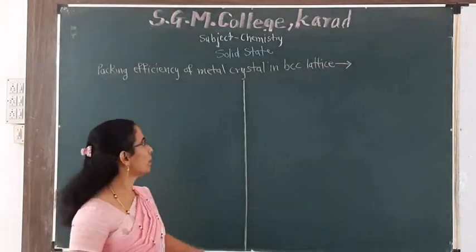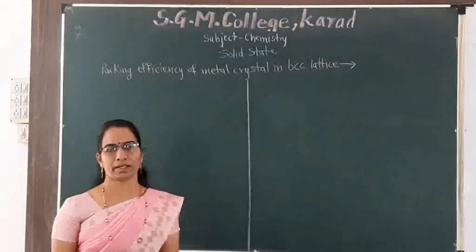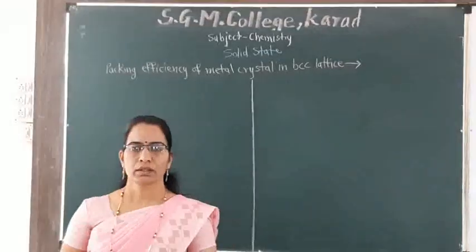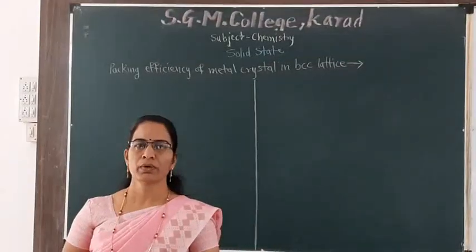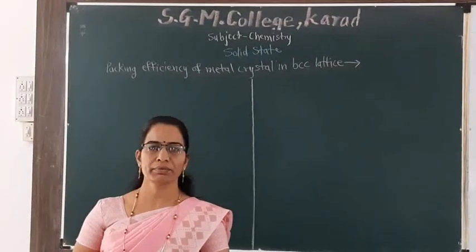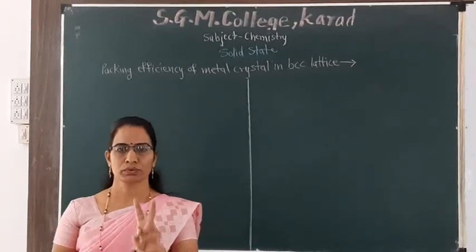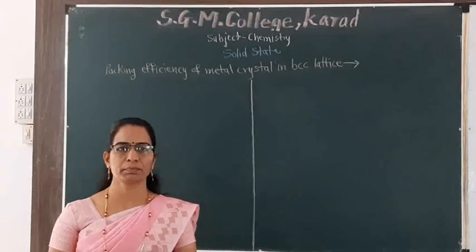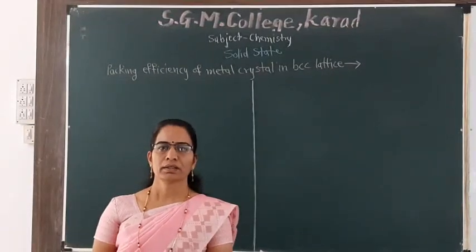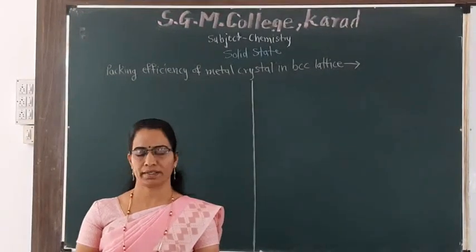We were discussing the chapter solid state. Students, in the last lecture we determined the packing efficiency of two types of solids, that is simple cubic and face centered cubic lattice.